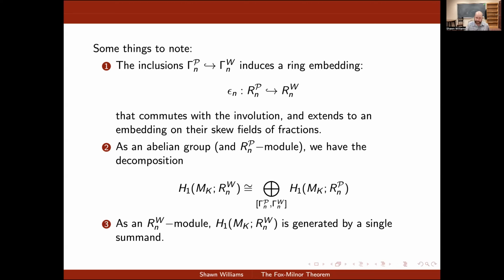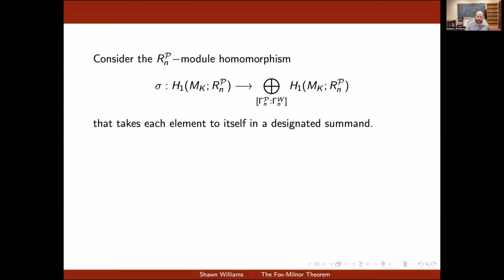Given that, consider an R_nP module homomorphism, since we're viewing these as R_nP modules now. Consider this module homomorphism sigma that takes one of the summands and sends it into the direct sum. It's going to take a designated summand on the right, and for every element, it's just going to send it to itself as it lives in that distinguished summand.